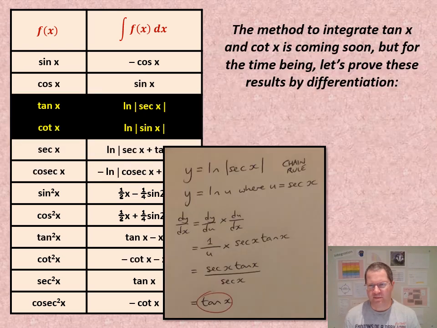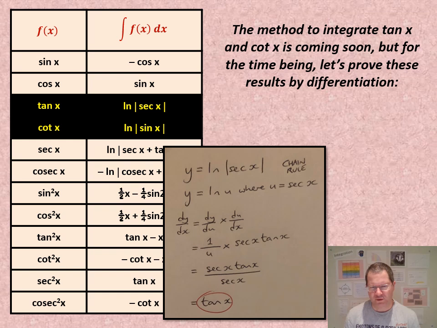We will be looking at the method to integrate tan x and cot x soon, but for the time being, as it says, let's prove these results by differentiation. So I'm claiming that the integral of tan x is log sec x, so let's differentiate log sec x and show what we get. We can apply the chain rule, so we can say that y equals log u, where u equals sec x, and then the chain rule says that dy by dx equals dy by du times du by dx.